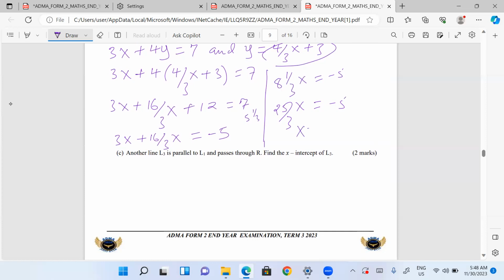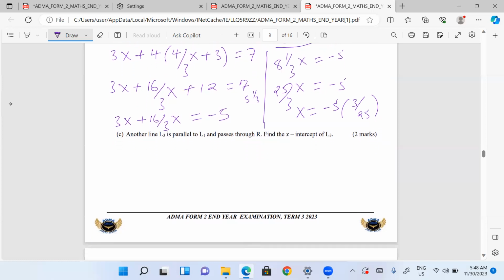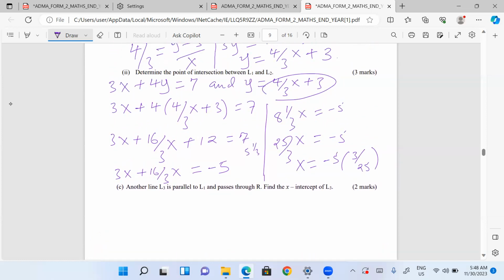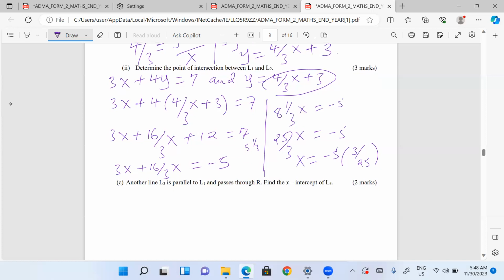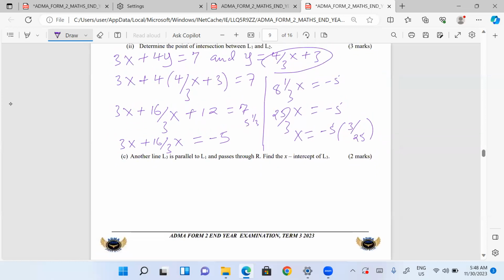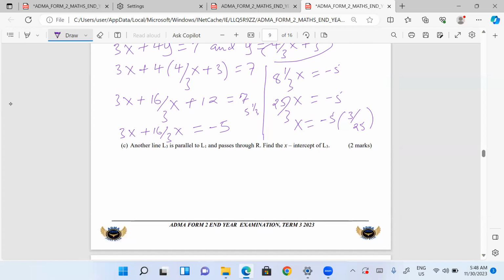So that x becomes negative 5 times 3 over 25. So the value of x is going to be negative 3 over 5.